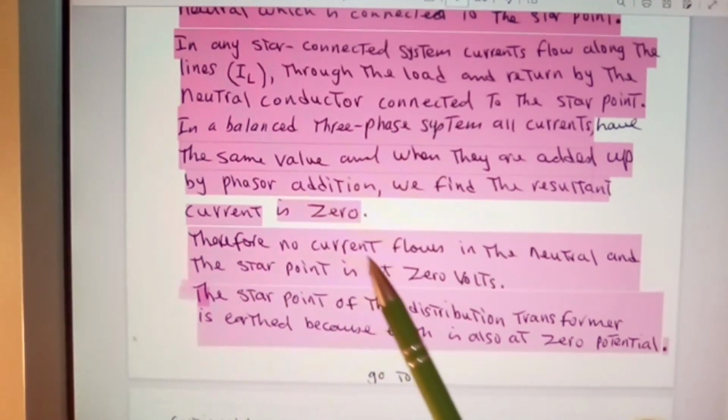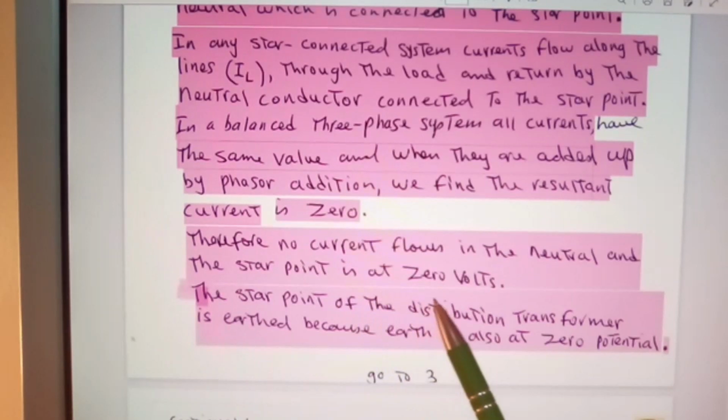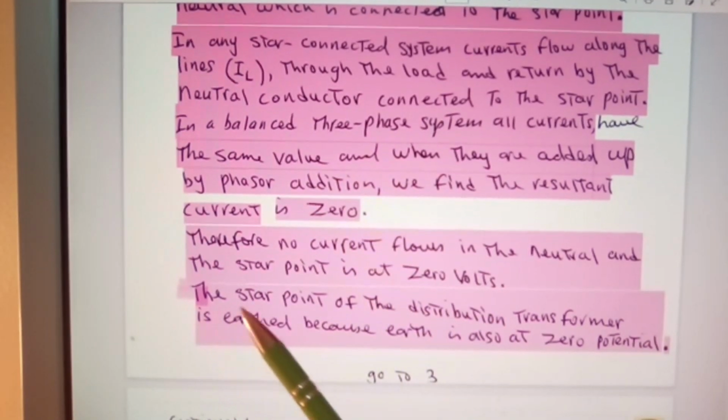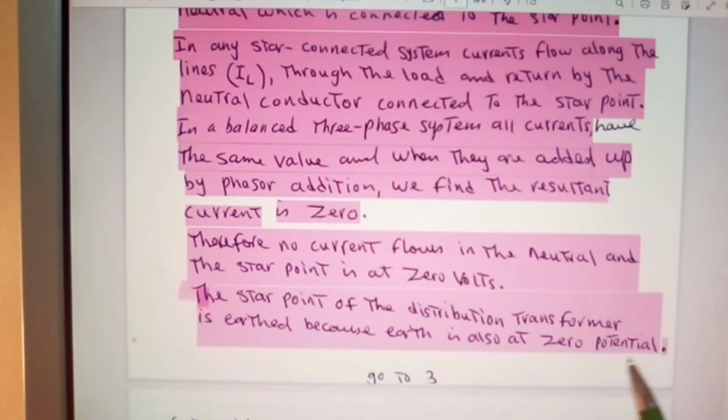Therefore, no current flows in the neutral and the star point is at 0 volts. The star point of the distribution transformer is earthed because earth is also at 0 potential.